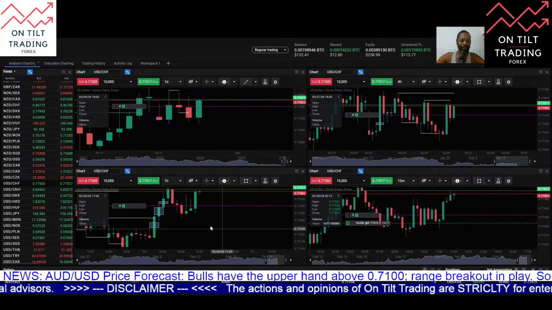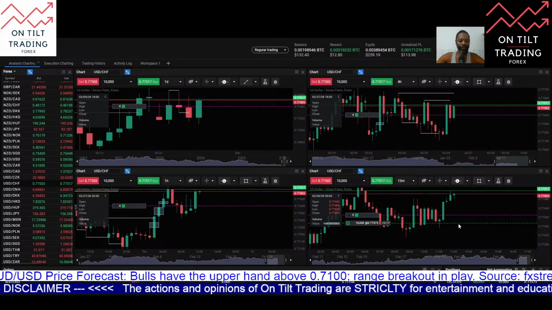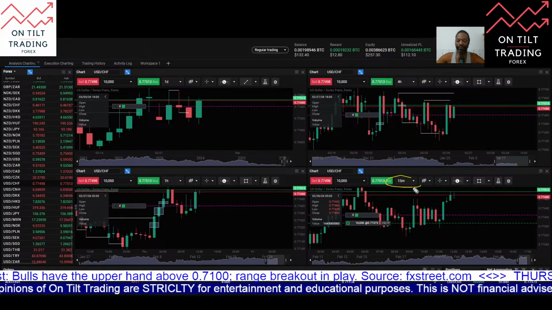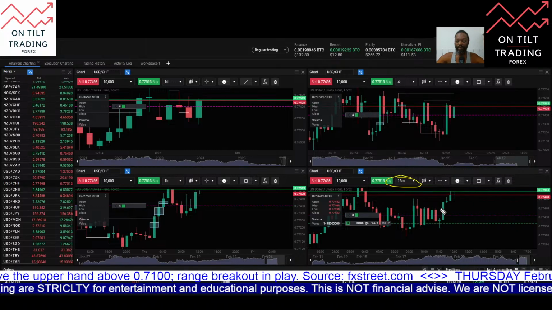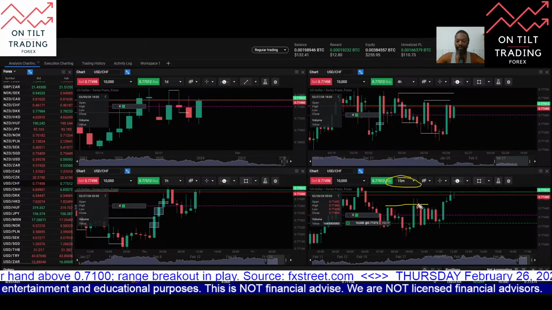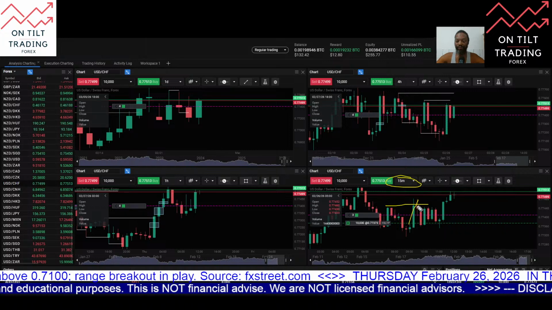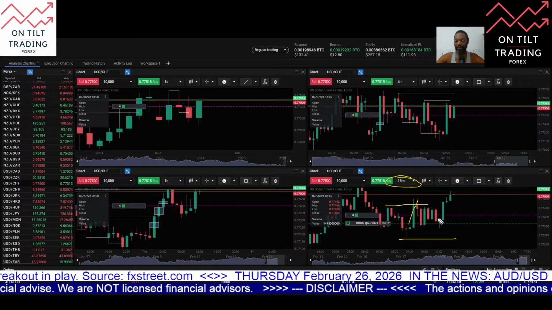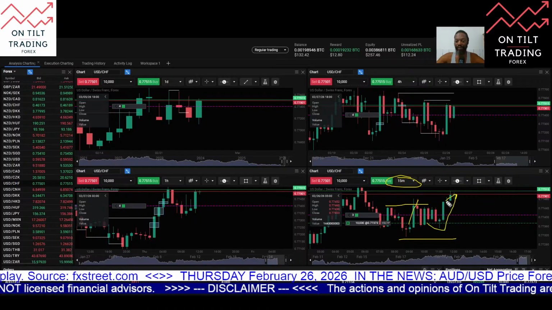And with that happening, this would indicate a trending market here on the 1-hour chart. And then on the 15-minute, also bullish price action here with the swing low here. And then you can see price pulling back and then continuing here to the buy side.